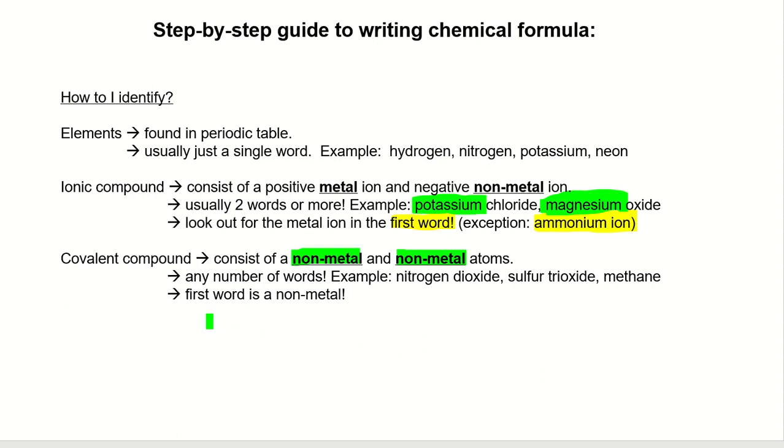And take note, for a covalent compound, the first word usually is a non-metal. So take a look, nitrogen dioxide. Nitrogen is a non-metal. Dioxide comes from oxygen. So this is a non-metal covalent compound. Sulfur trioxide, first word sulfur is a non-metal. Trioxide comes from oxygen. So non-metal covalent compound.